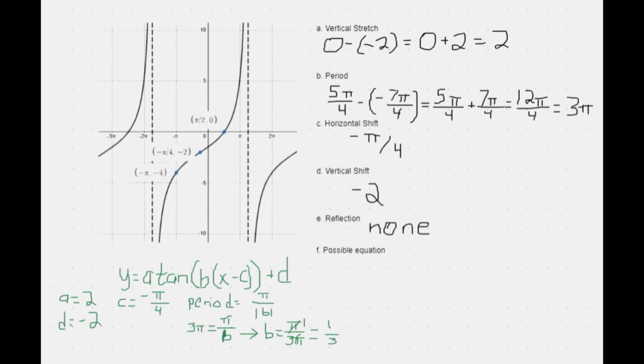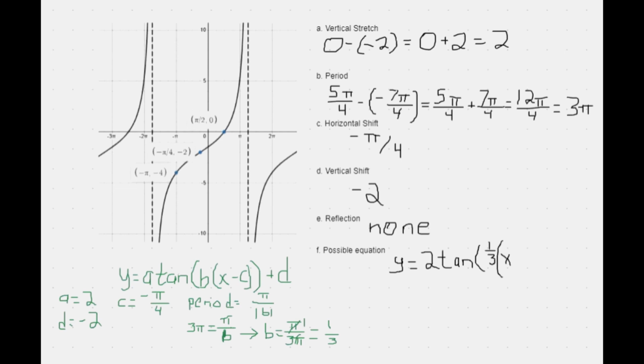So now it appears that we have enough information to write out the final equation. So a possible equation is y is equal to 2 tangent of 1/3 times x, and then it's minus negative pi over 4.